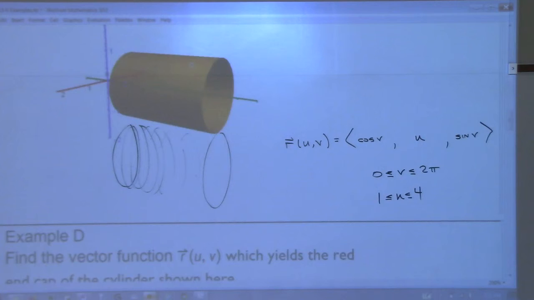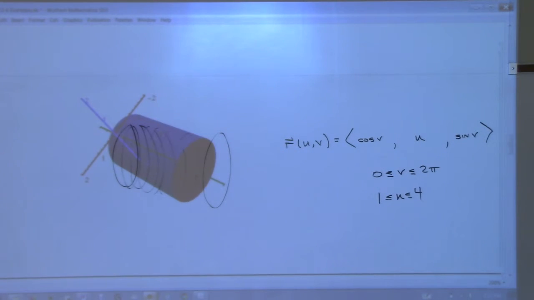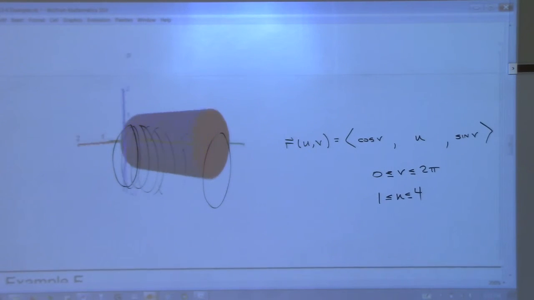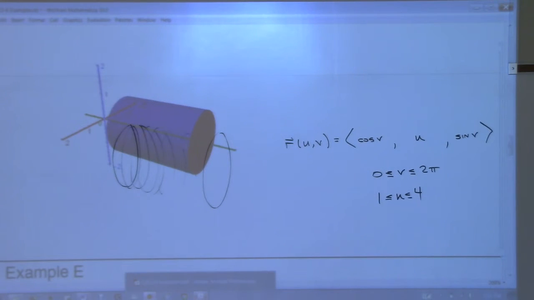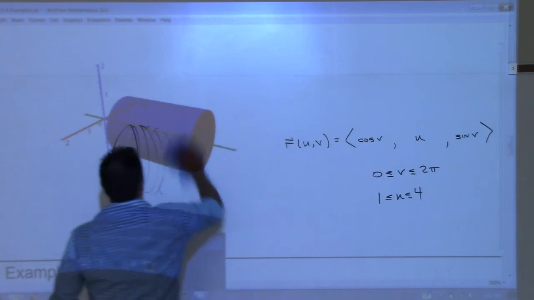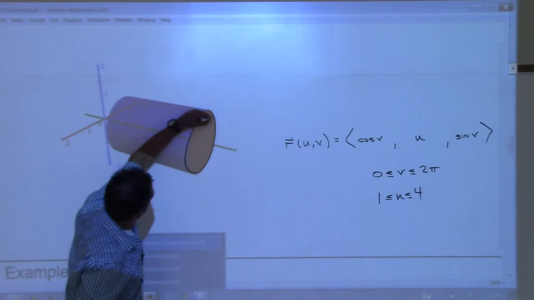Okay. Maybe we can get 2 in. Same picture, but this time I don't want the cylinder, I want the end cap of the cylinder. So I want this thing, this end cap.